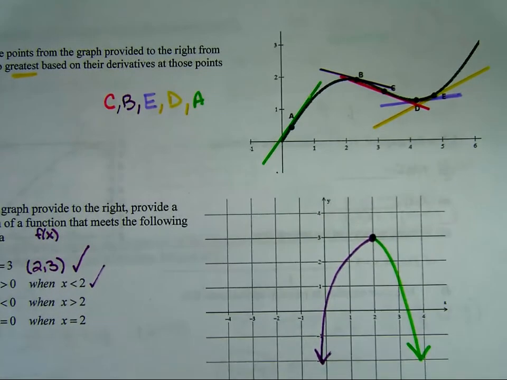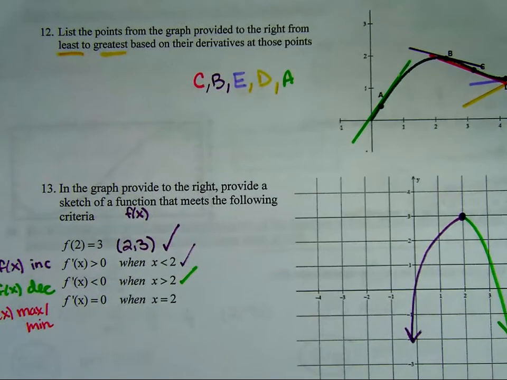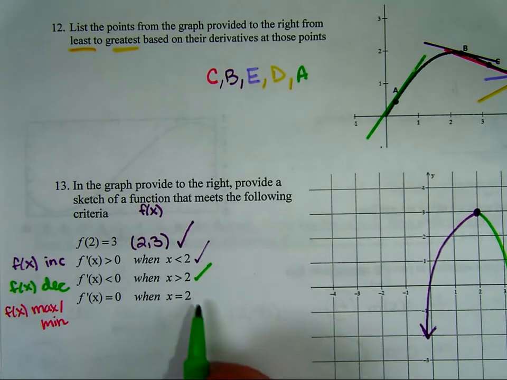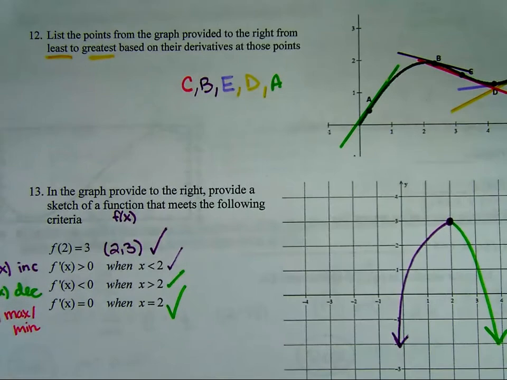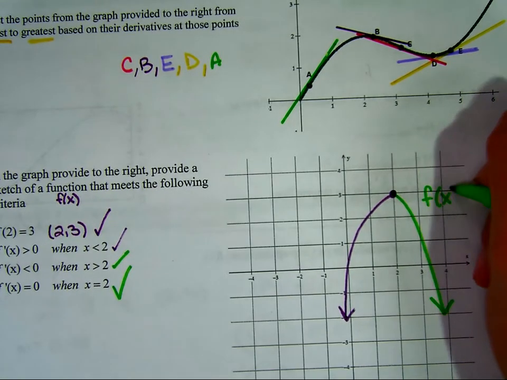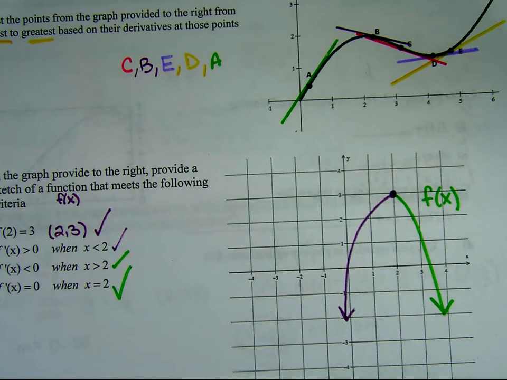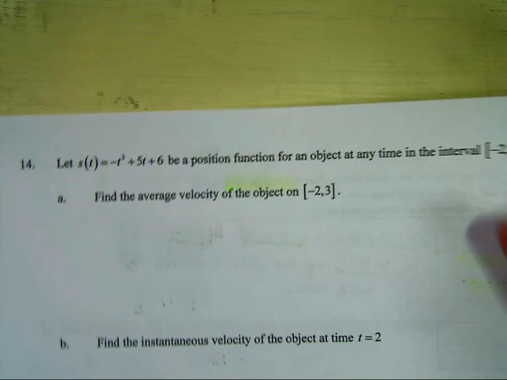Maybe something like that. And the last one takes care of itself. At x equals 2, it's a max or a min. Right here, this point is a max. So that is a good function for f of x. Again, that's the original function, not the derivative. I'm going to keep going to the last page.